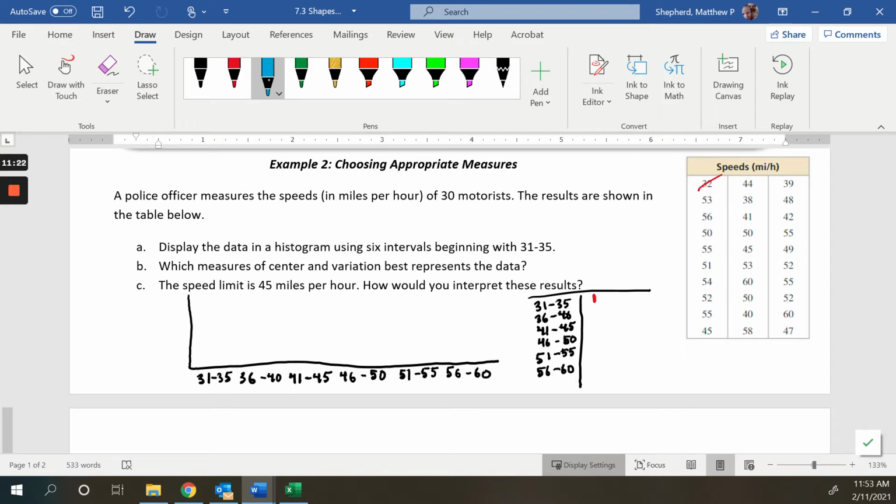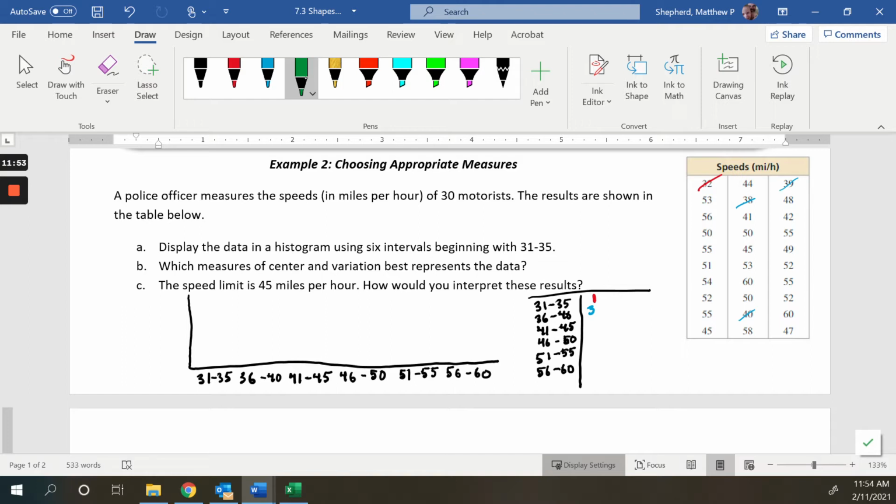Then for 36 through 40, got a 38, a 40, 39. So I had 3 there. And I'm crossing them off as I go along so that if I miss one, I can make sure to add it to my count near the end.